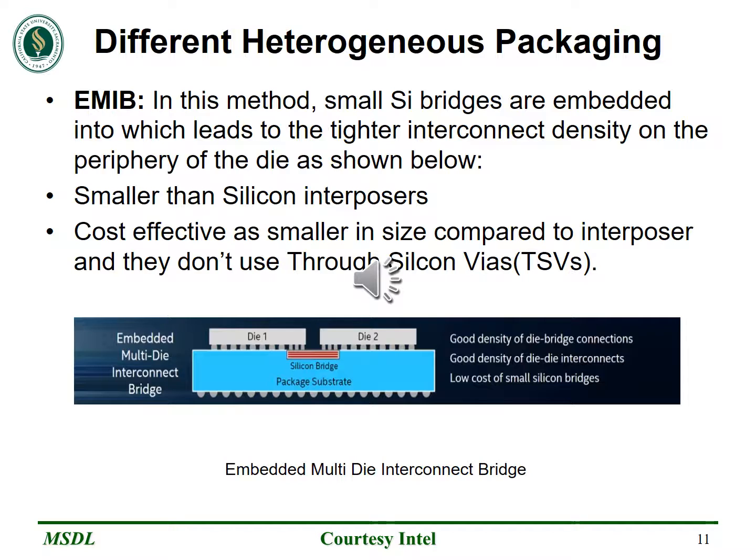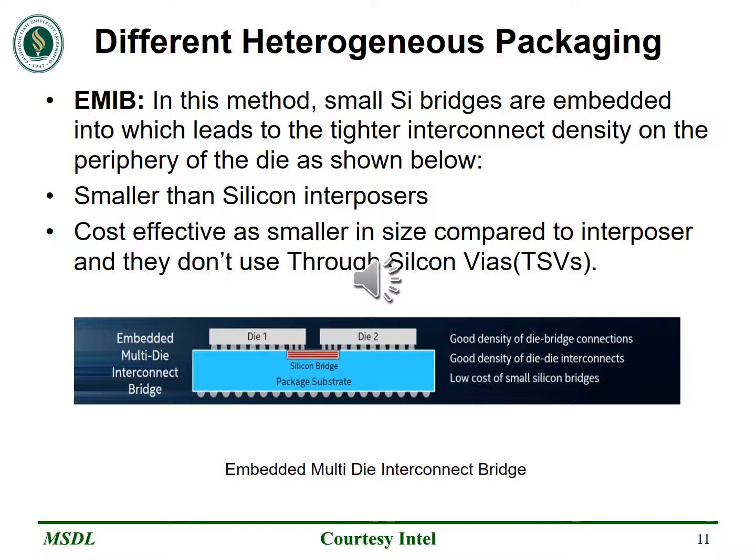If we compare it with the silicon interposers, they are much smaller. And coming to the advantages, it has good density of die bridge connections and also die to die interconnects. And the important thing here is it has a low cost of silicon bridges, when we compare to the silicon interposer, which has a high cost.